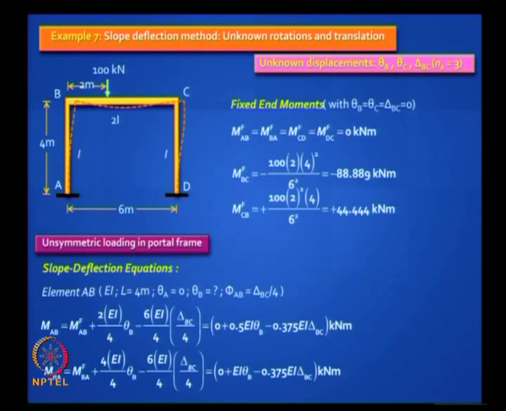Phi is delta by 4. Is it clear? Likewise, you can write for MBA. MBA will be MFBA plus 4 EI by L theta B minus 6 EI by L into phi, right. Theta C, where is it?